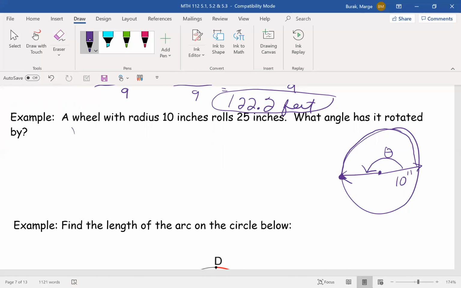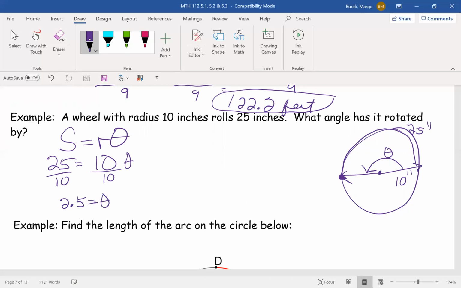Okay, so let's use our formula. S equals R theta. We know that S is 25 inches. That's the length of the arc. So 25 equals, my radius is 10, and they're looking for the angle. So we'll divide both sides by 10, and 25 divided by 10, that's 2.5. So it's either 2.5 radians, or if they want to change that to degrees, you would multiply by 180 degrees over pi. And again, I'm going to use my calculator. 2.5 times 180 divided by pi.